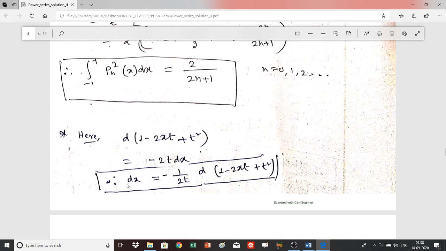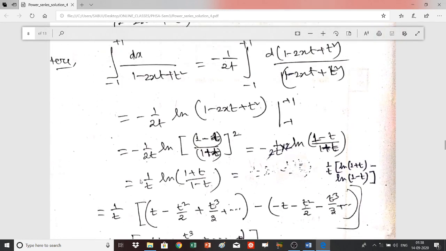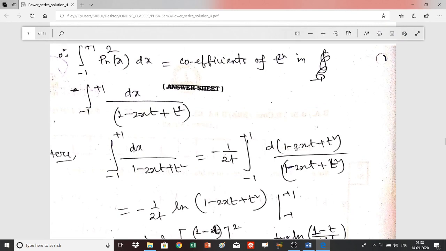So from here dx can be written as 1 by minus 2t d of (1 minus 2xt plus t squared), and just substitute this value of dx in the integral.